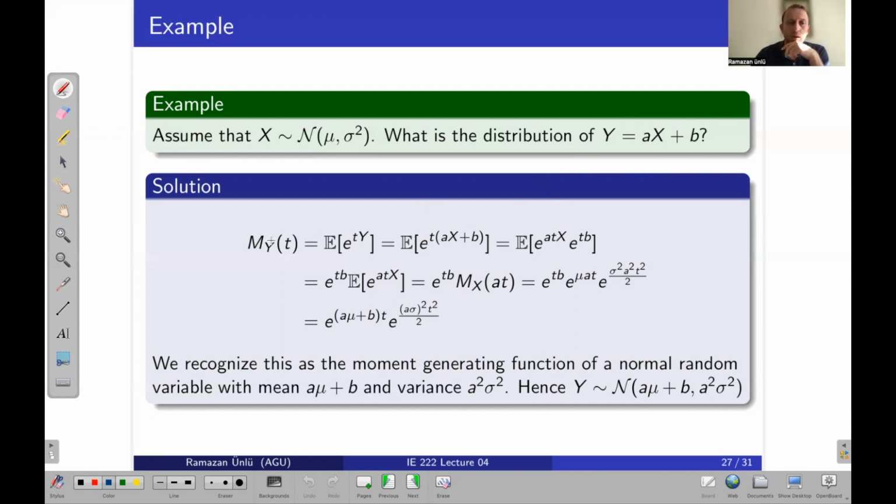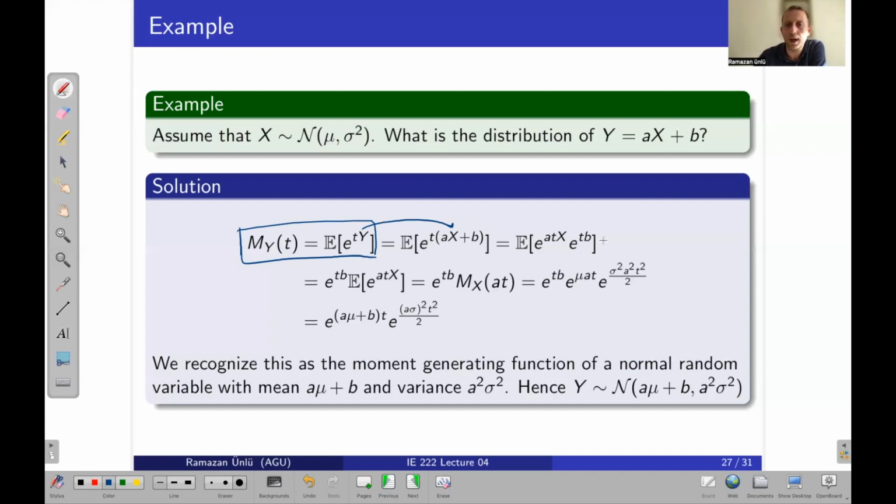How? The moment generating function of y at the point t is equal to the expected value of e to the ty, right? We know that. That is the simple definition of the moment generating function. And instead of y, let's write a times x plus b, and we can rewrite this part as e to the atx times e to the tb.